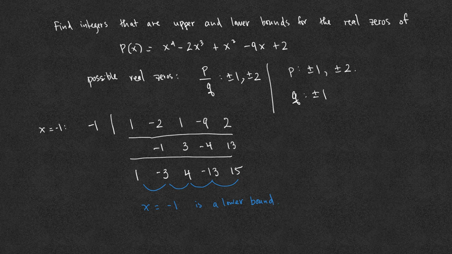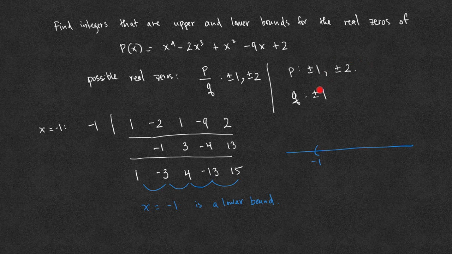Unfortunately, it is not a zero, but at least we know now that if there is any zero, it has to be on the right-hand side of negative 1, which might be useful in many cases.